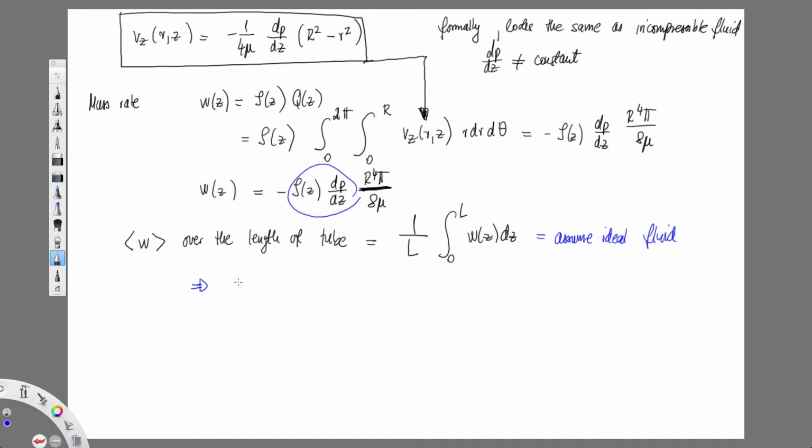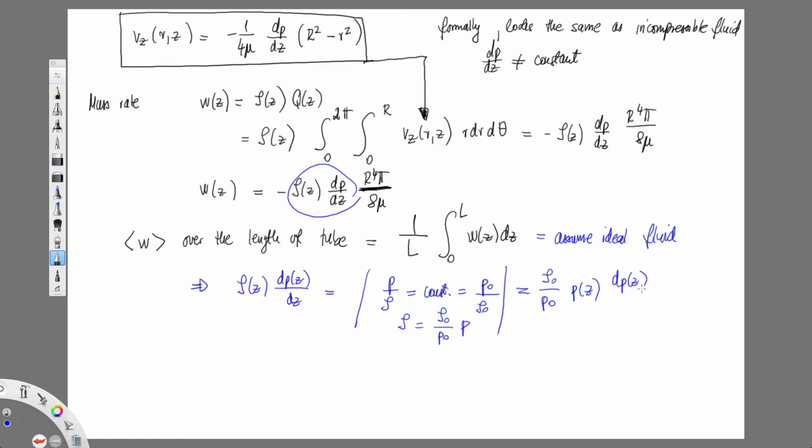So my rho of z dp of z dz is... my rho of z is basically, I know that p over rho is constant and equals some p0 over rho 0. So my rho is then rho 0 over p0 times p. So basically this is equal to rho 0 over p0, p of z, dp of z dz.